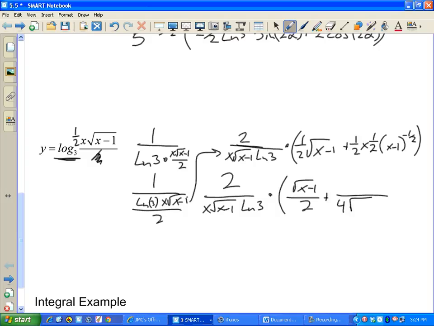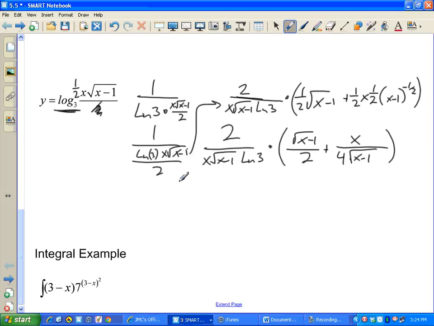This comes down to the bottom. And then I've got an x on the top. Let's see what we want to do. I can cancel this 2 out here, as long as I do it from both terms. So this becomes 2.